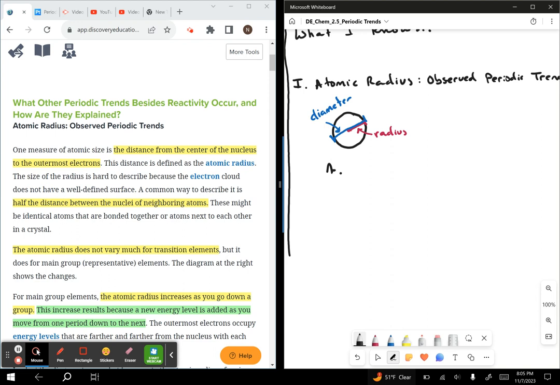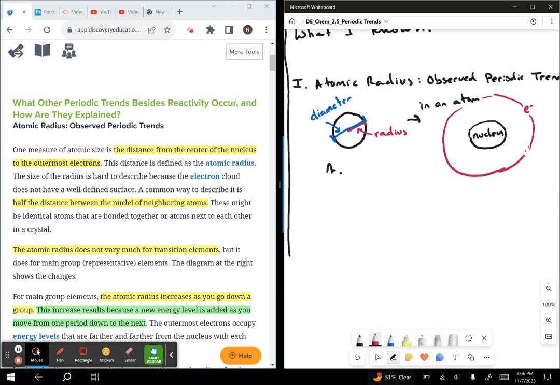Here in the first paragraph, one measure of atomic size is the distance from the center of the nucleus to the outermost electrons. So in an atom, we're talking about the nucleus, which we'd say is in the center, and then we may say that you have an electron orbiting.